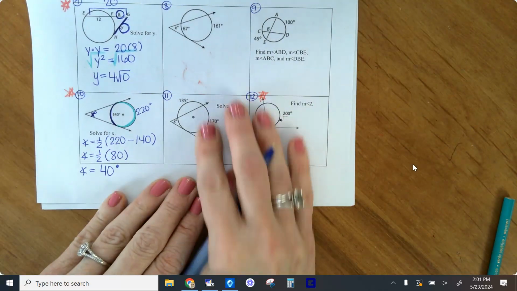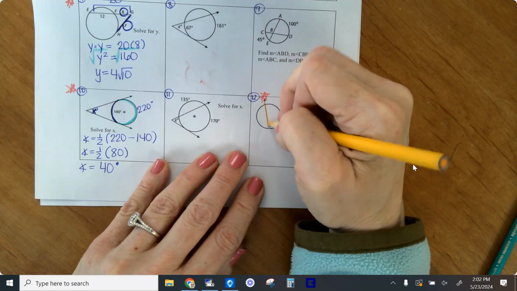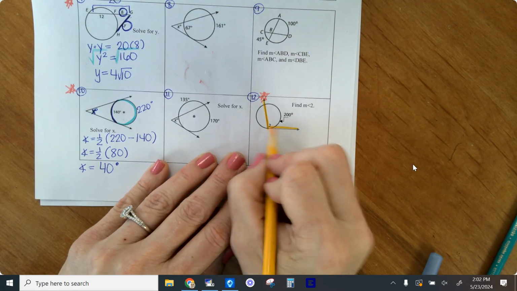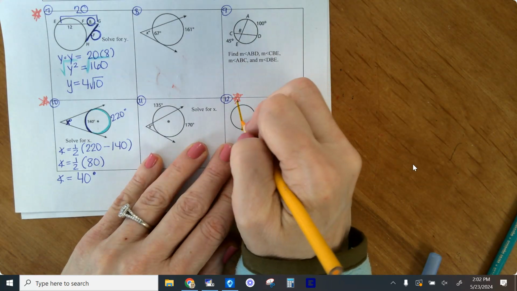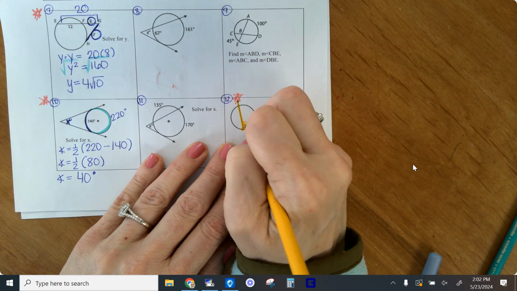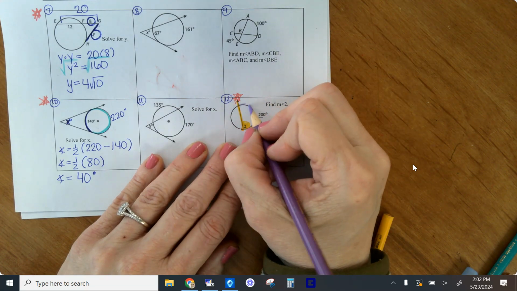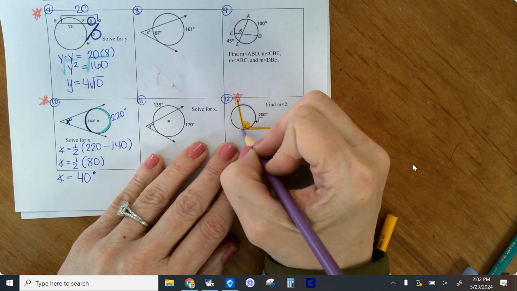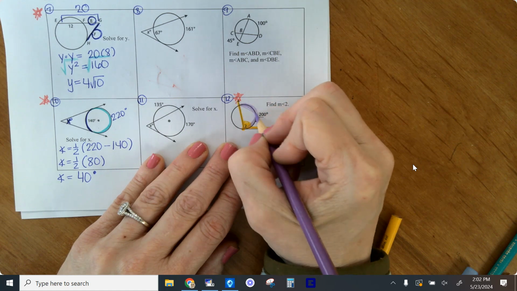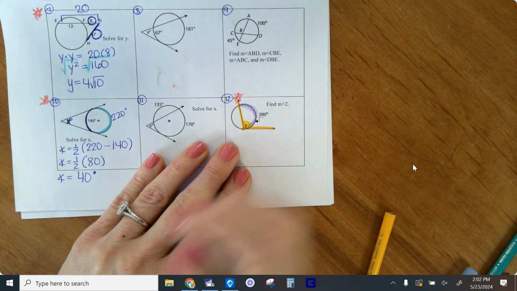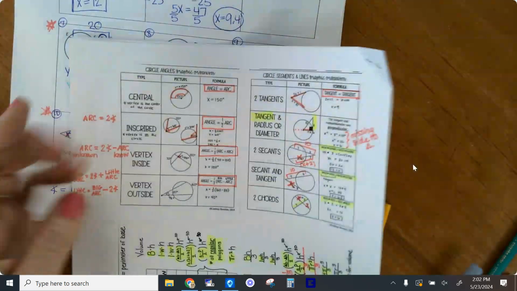And now we're over here. Now I see an angle. We have a ray, and the vertex is on the edge of the circle. I want to know how big this angle is. Here's the arc that is in between the arms of that angle, and that arc is 200 degrees. Well, what kind of angle is that?